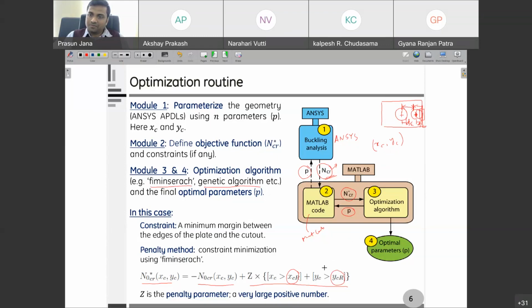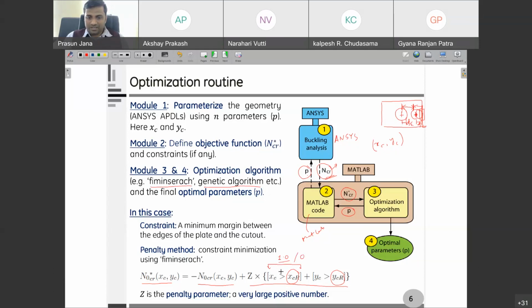And then you don't want to go beyond these ranges. That constraint you can impose simply using a logical variable, which is used in Matlab. When this logical variable is true, Matlab will produce a value of 1, and when it is not true, it will give you 0.